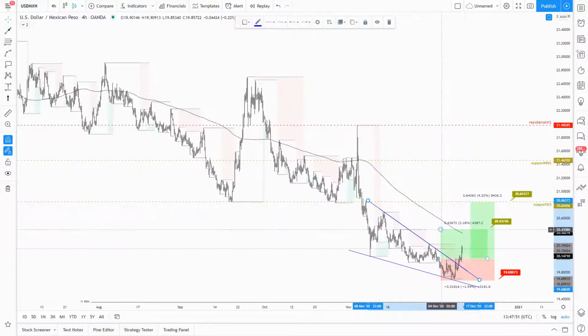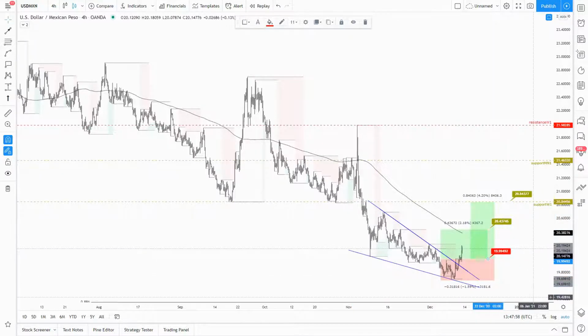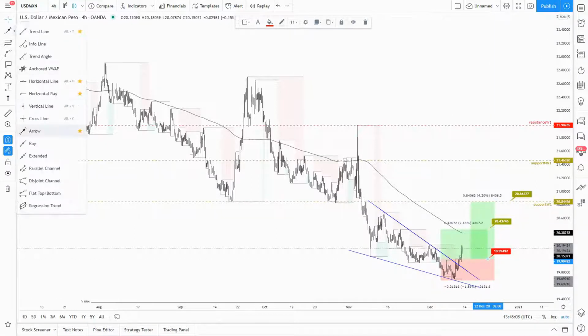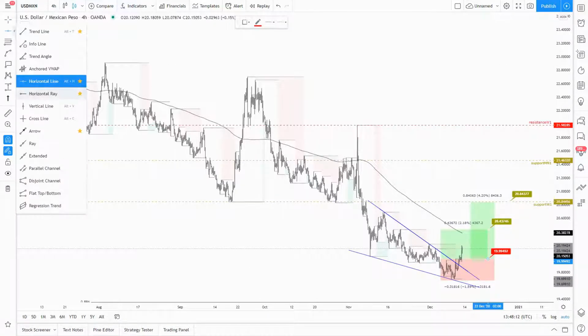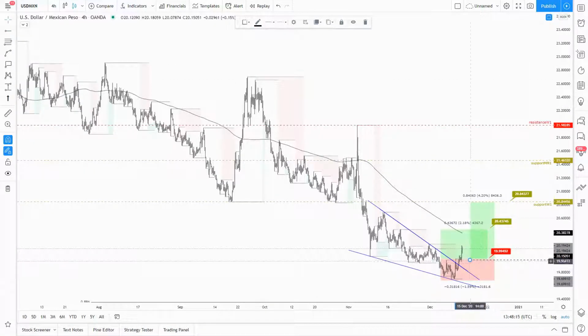in order to maximize my profits. As soon as I approach my first targets, I will break even my trade. My stops will be adjusted to my entry level, and if the price achieves my second target, I can activate a trailing stop, which basically will follow the price.